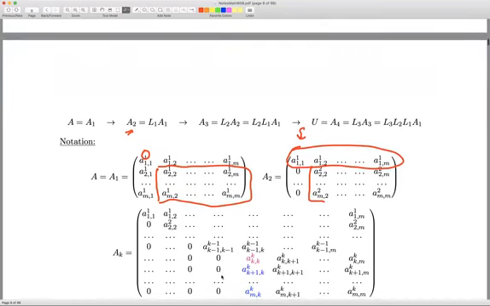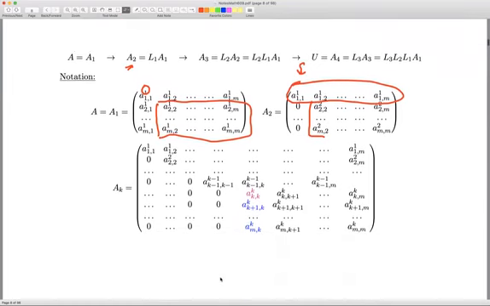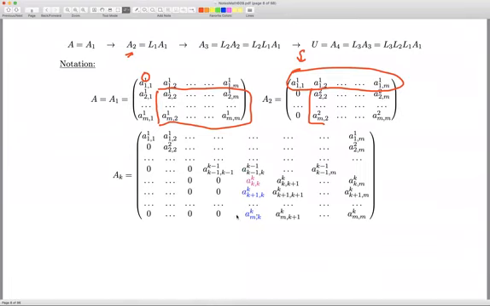And in general, at the kth step, the matrix Ak will have the following structure. There will be some elements on the main diagonal up to here. Then this will be the element AKK, which is called the pivot element. And then we'll have some elements below the main diagonal. Here this is the kth row, and here this is the kth column.